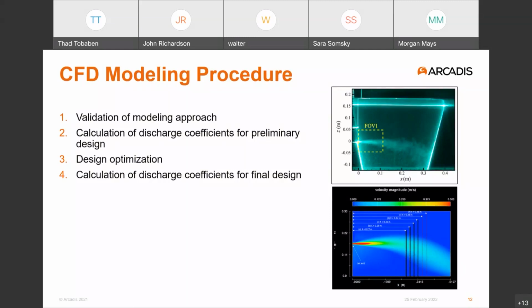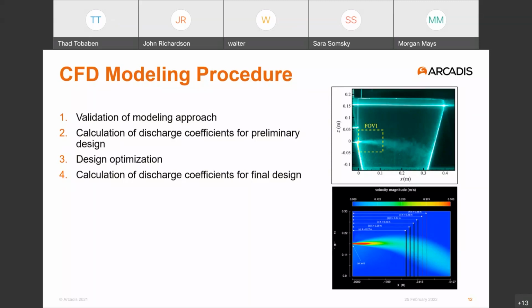That particular program was not familiar to other members of the project team, so at the outset of our work, we wanted to prove that it could produce results which were accurate and usable for the project. Having done that, the 3 basic tasks we were given were to first calculate discharge coefficients based on the preliminary design of the leveling system.